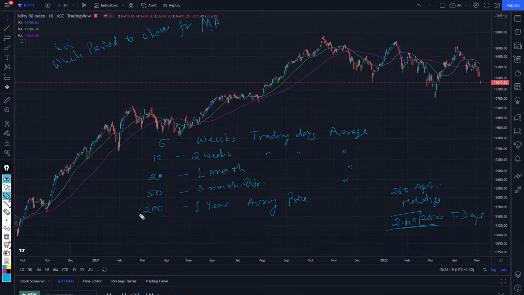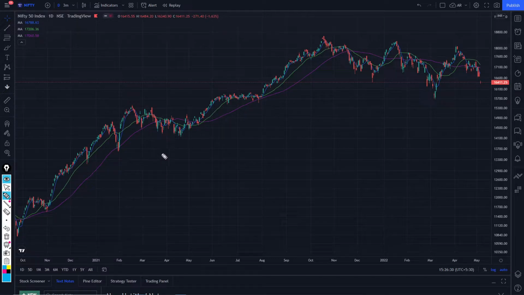Now it's very common sense. What is the importance of average? If you want, you can read it again and understand. If this is the average price and the price is above the average price, definitely the buying pressure is more.